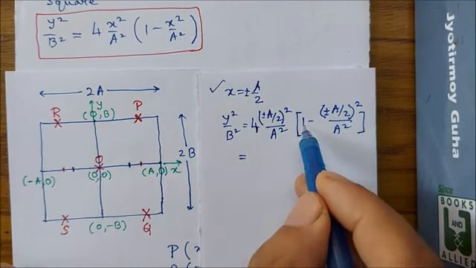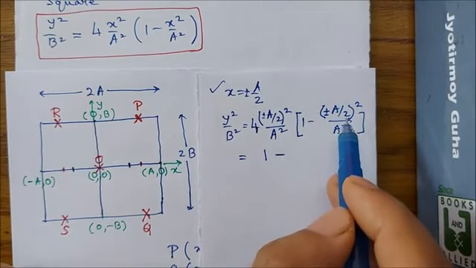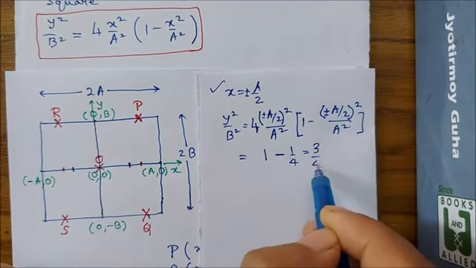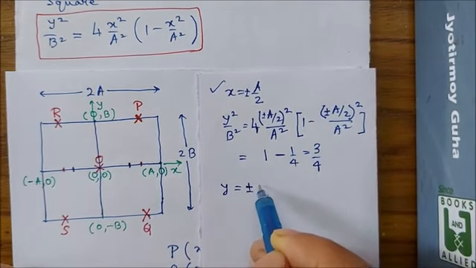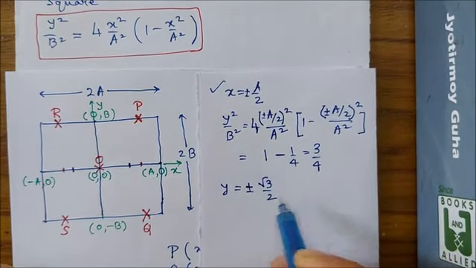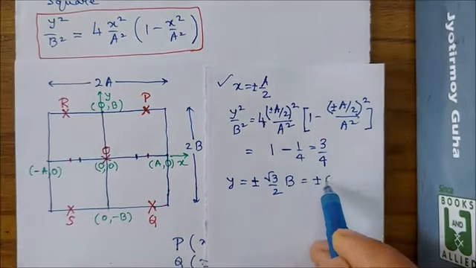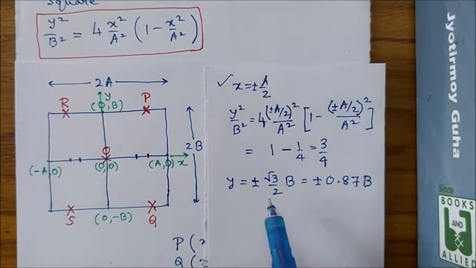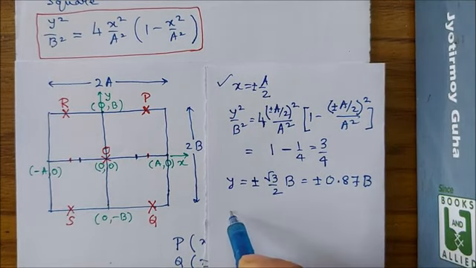Let us write this 1 minus a's will cancel, we have 1/4, so that we get 3/4. So y is plus minus root 3 by 2 b, and this is actually 0.87 b. So these combination leads to 4 more points.